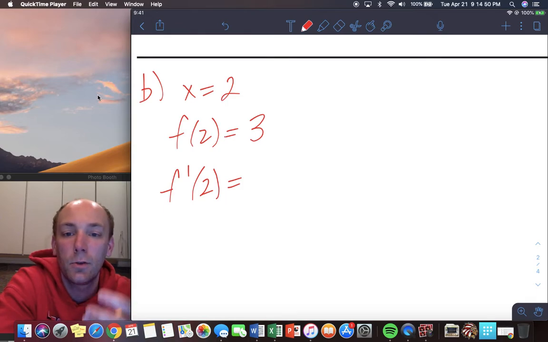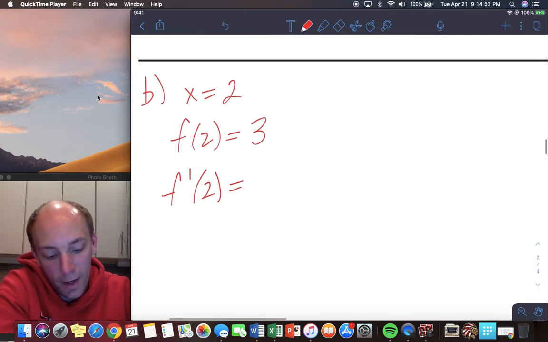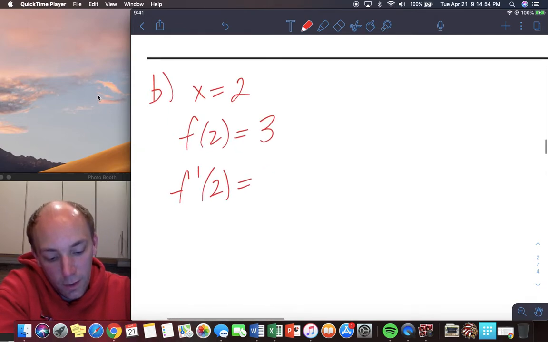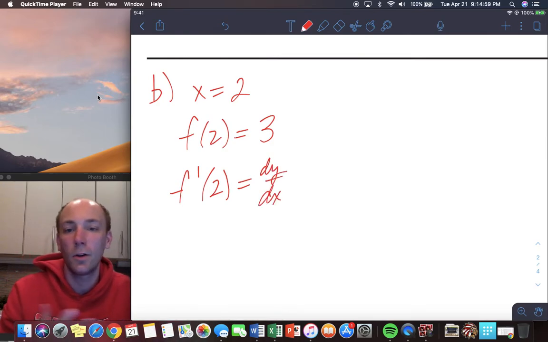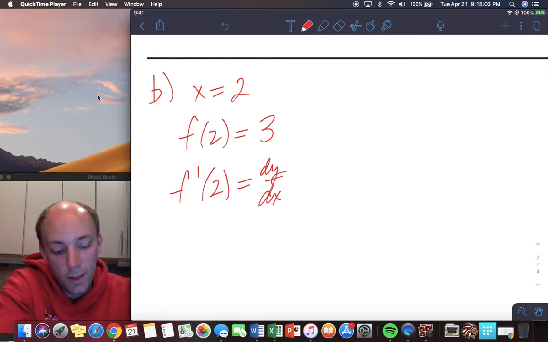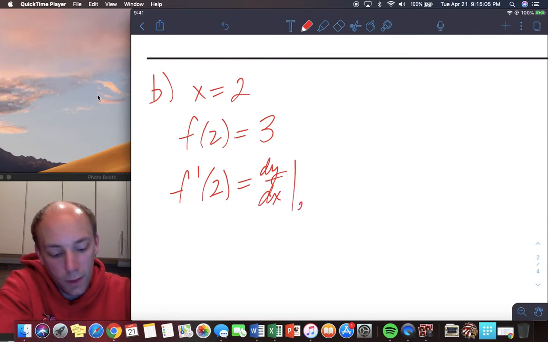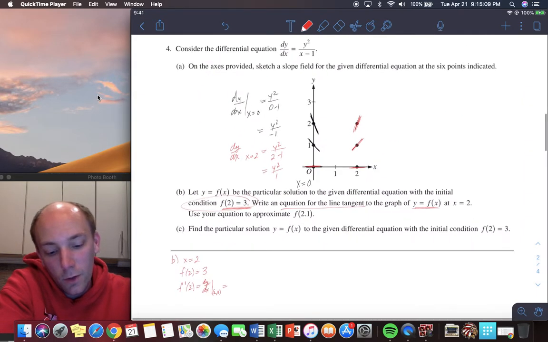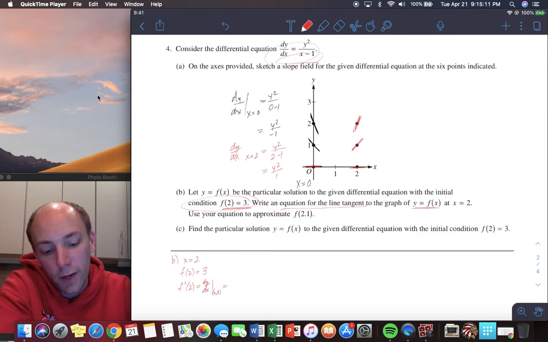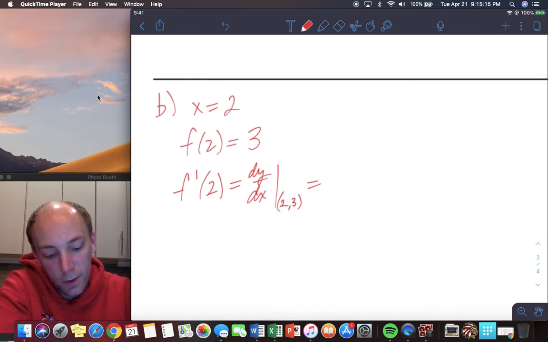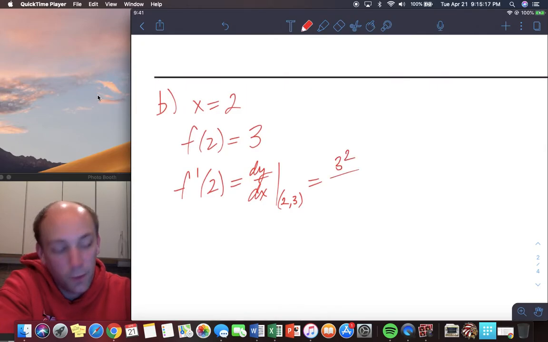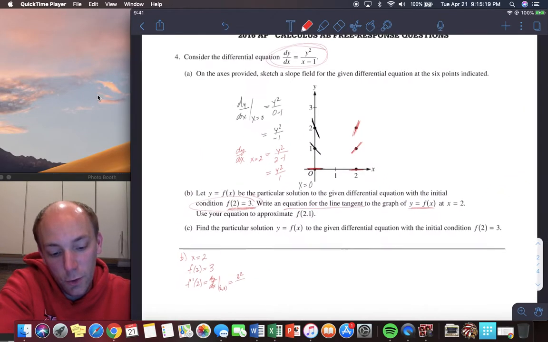So when I take 2 and plug it into the derivative, that's going to take dy/dx. That's the derivative notation, right? These are the same notation, they mean the same thing, just different notation. So dy/dx, and we're going to take the point and plug in 2, 3. So I'm going to use the derivative at the top: y squared, 3 squared over 2 minus 1.